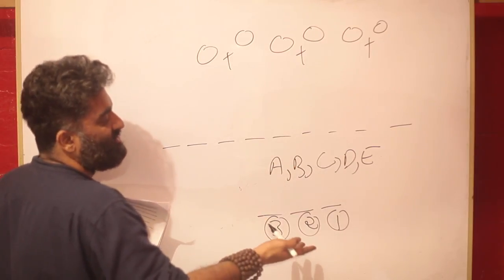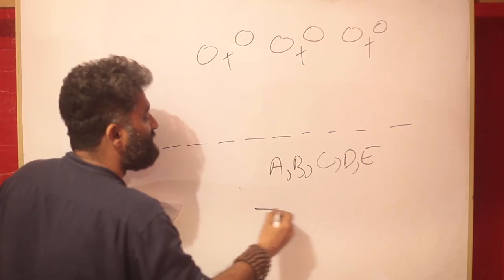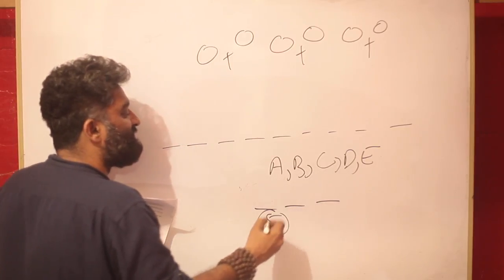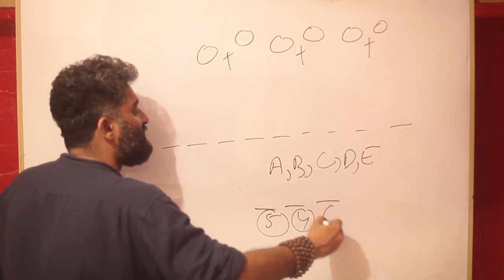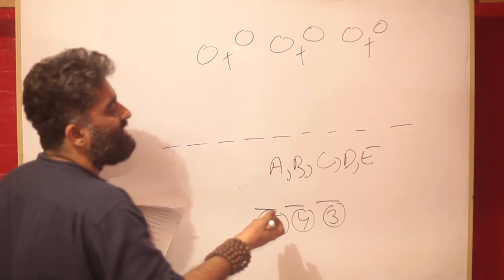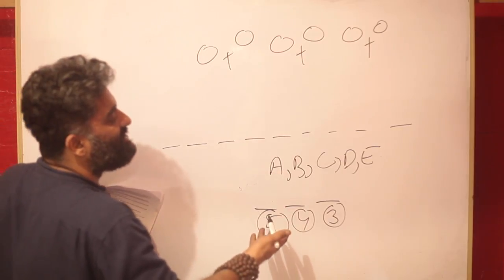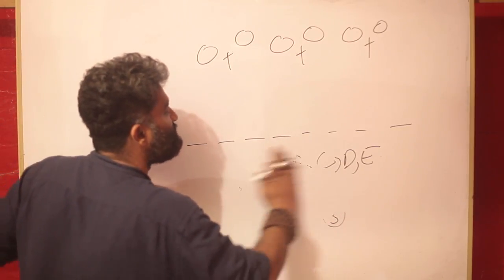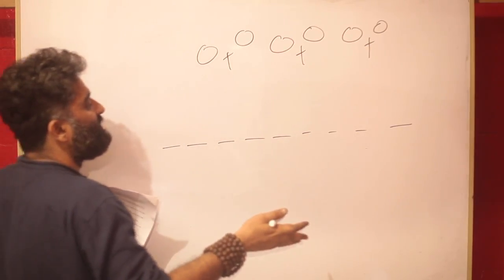So there is no question of repetition. But if there were 5 people, for the first position there would be 5 possibilities, for the second 4, and for the third 3, right? So this is the basic concept behind arranging people in a row. At this point you can also start using the formula, but again let's avoid it for a minute.